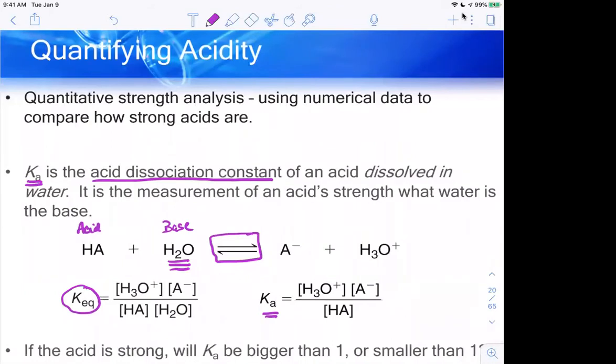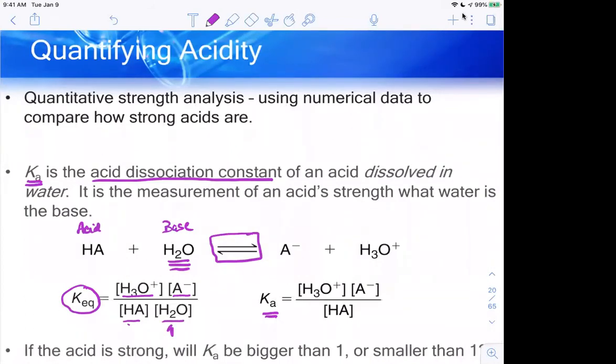Notice here, if you've ever paid attention and learned this material, I have the molar concentration of the H3O plus ion times the molar concentration of the A minus anion divided by the product of the molar concentration of the acid times the molar concentration of water.